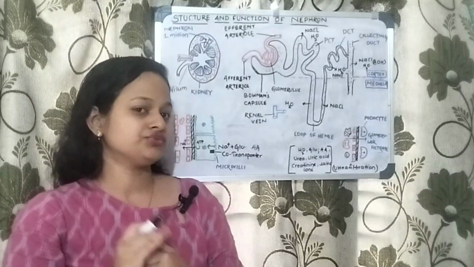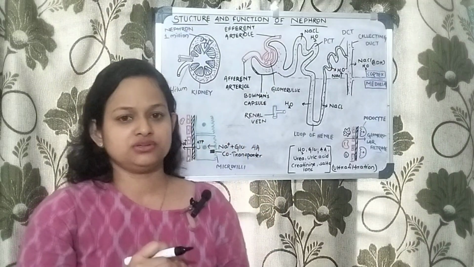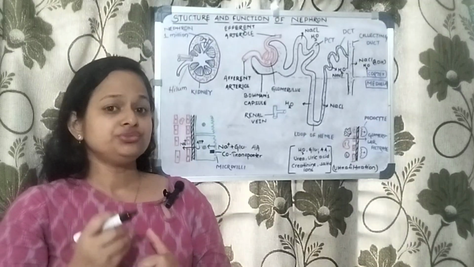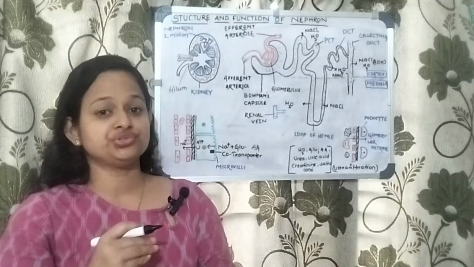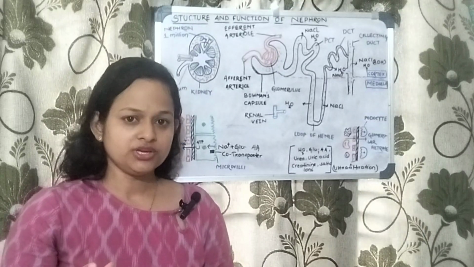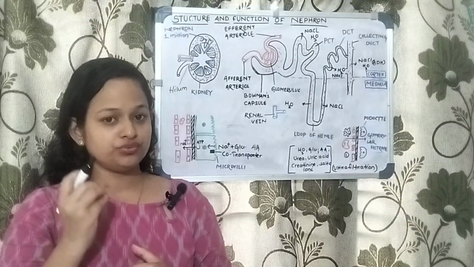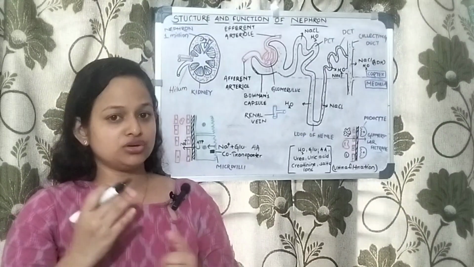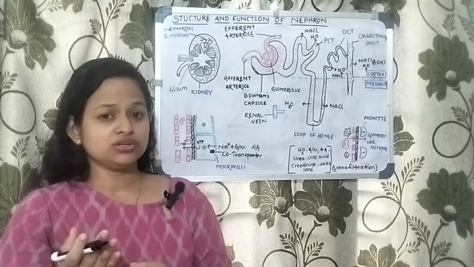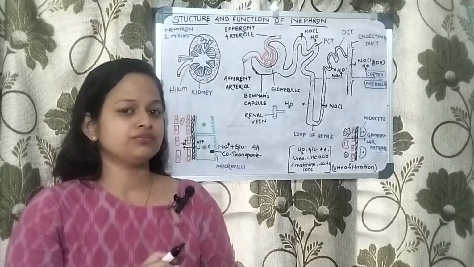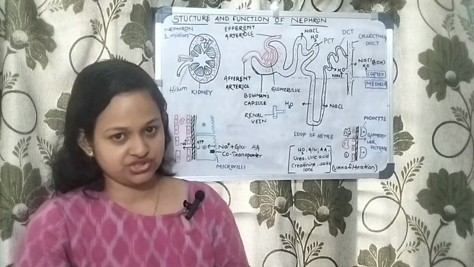So this was the tubular reabsorption, and this reabsorption occurs only to the extent that the normal concentration of the blood should not be disturbed. This reabsorption occurs when there is an excess amount or a loss or any drop in water in the body, and it also depends upon the concentration of solutes to be excreted.